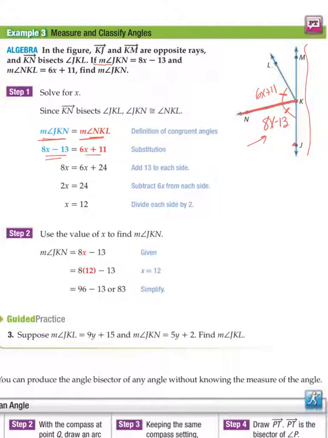So we set equal the two algebraic phrases that have been given as their measures. Then we solve for x, and then we take that x and we answer the question with it. We were asked to find JKN. So we have to plug in. Again, be real careful when you have to find the measure and then plug in, because if you miss the measure, you're going to miss the plug-in part. Be real careful with your basic algebra.